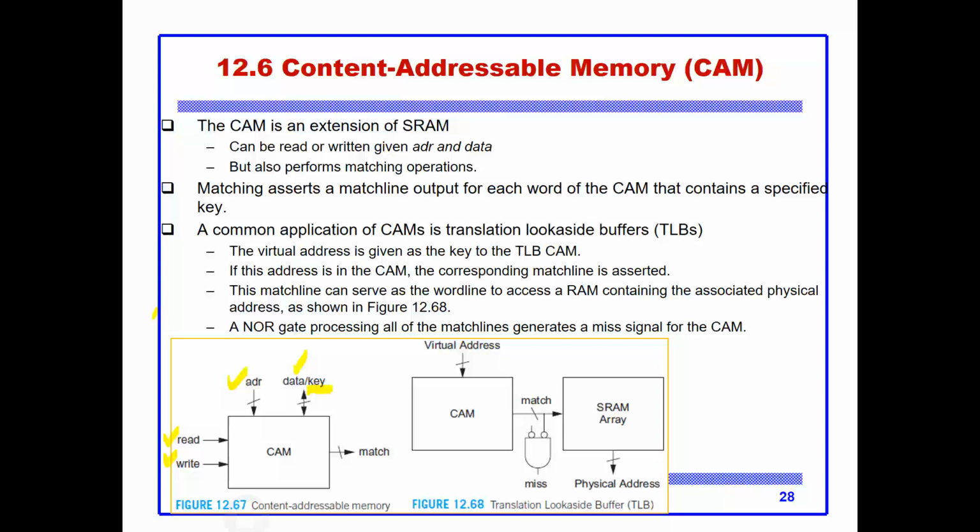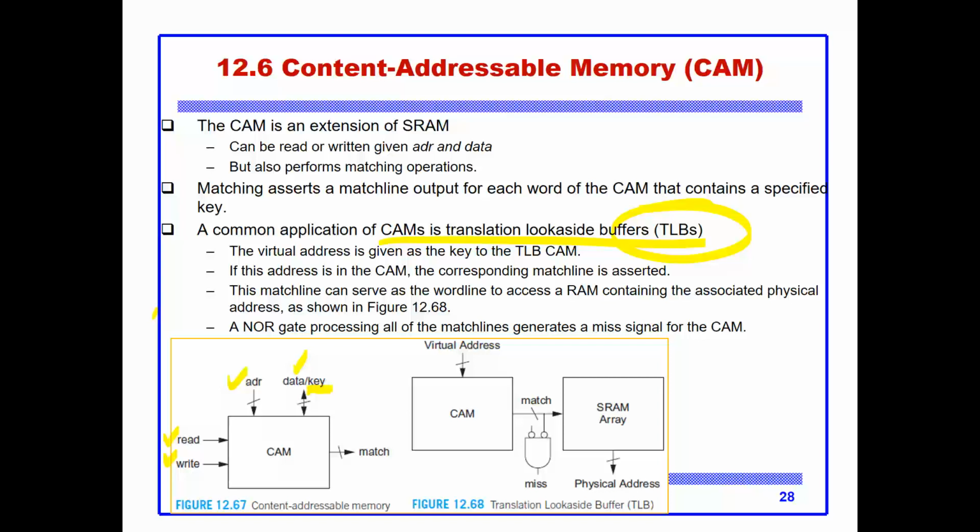Let's take this example. One application for this is the TLB, as you might have studied in computer organization and computer architecture classes. It converts the virtual address into a physical address. When the virtual address comes from the CPU, you want to check if the TLB has the virtual page number.